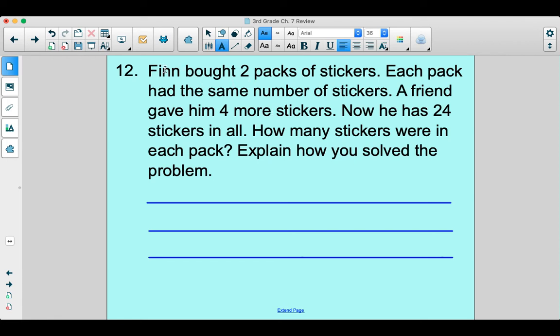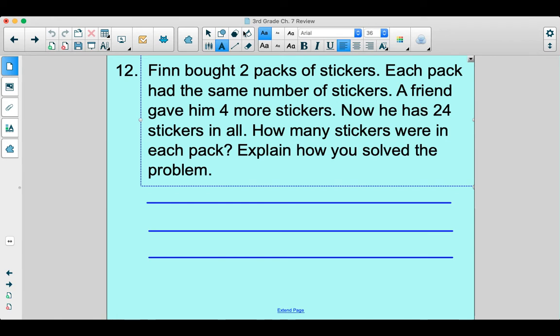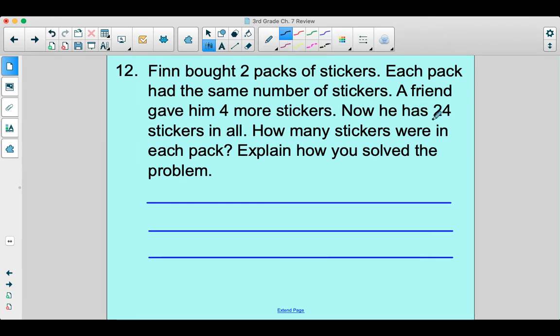Okay, so Finn bought 2 packs of stickers. Each pack had the same number of stickers, and then a friend gave him 4 more stickers. Okay, so we have to think about this. If he ends up with 24 stickers at the end, but his friend also gave him 4, I'm kind of thinking like a number bond right now.